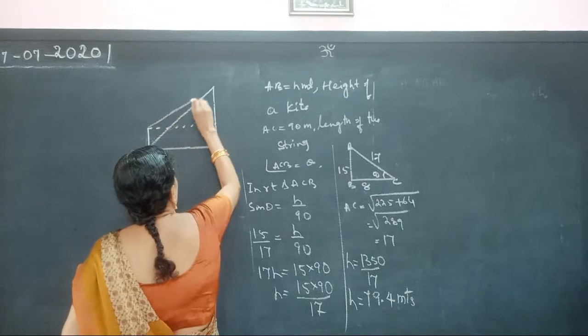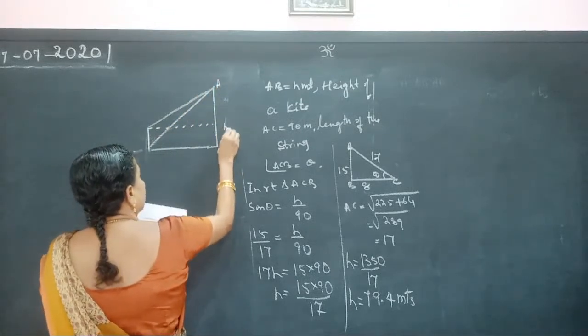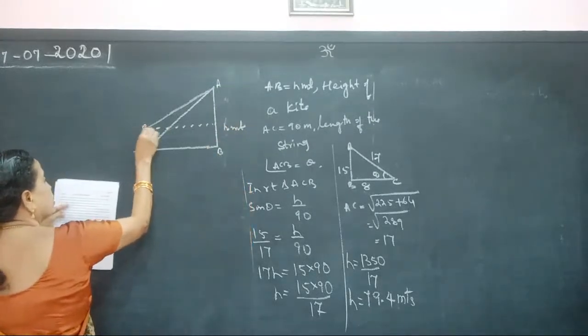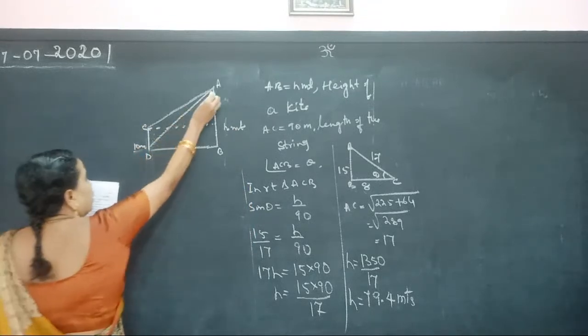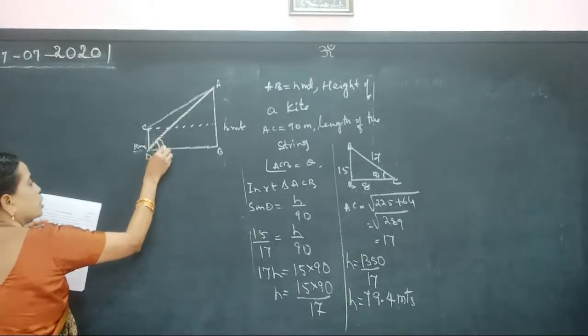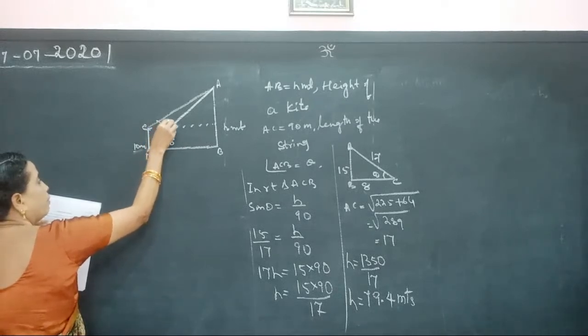What is the height of the tower? Consider this is h meter, the height of the tower, CD is 10 meter, and this is the elevation. It is 60 degrees and it is 45 degrees.